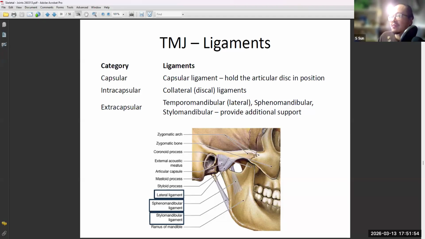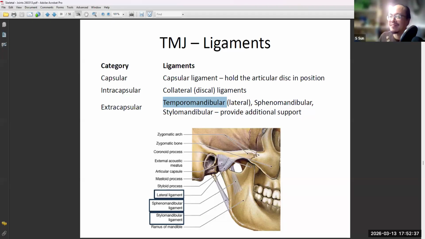The strongest one for the temporomandibular joint is this one, called the temporomandibular joint ligament. This one is also called the lateral ligament. It is pretty strong. We can move the jaw very far, and you have to have a strong ligament to keep it, otherwise it doesn't go back.